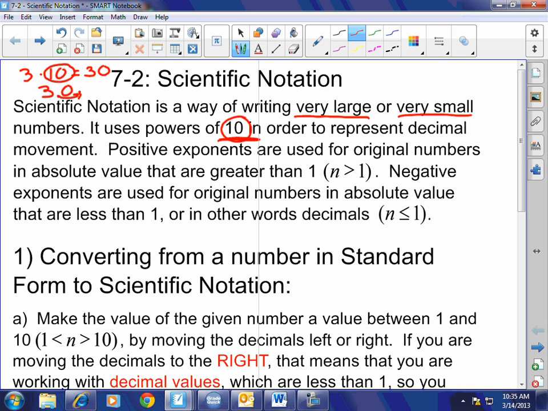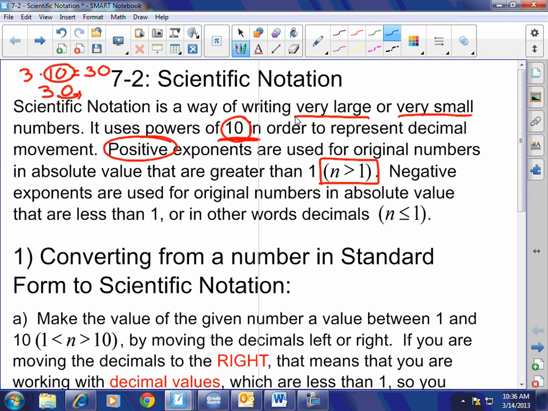Positive exponents are used for original numbers that in absolute value are greater than 1. Negative numbers, don't worry about negative numbers. Negative numbers are just as important as positive numbers, but when they're negative, it doesn't mean that you're going to have negative exponents. You look at the absolute value of the original number. If the absolute value of the original number is greater than 1, then you're going to use positive exponents.